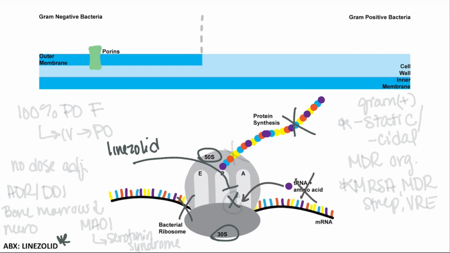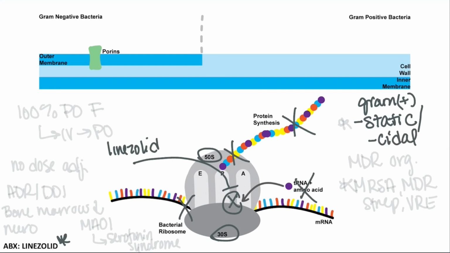So after binding the 50S subunit, it's going to prevent this initiation complex forming and prevent any protein synthesis from occurring. So this agent is a gram-positive targeted agent that is bacteriostatic against some strains and bactericidal against others.